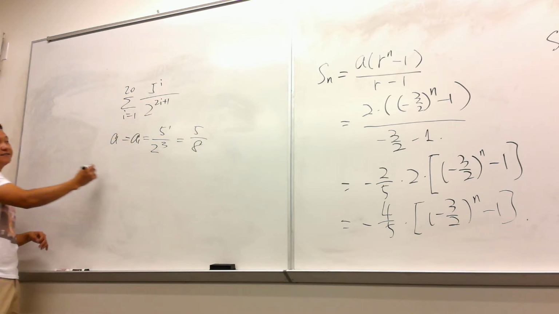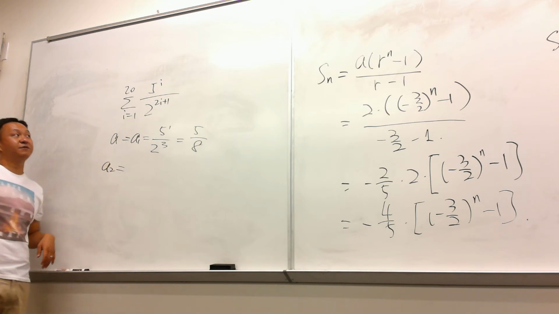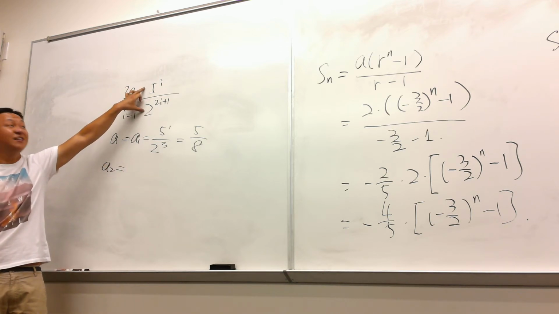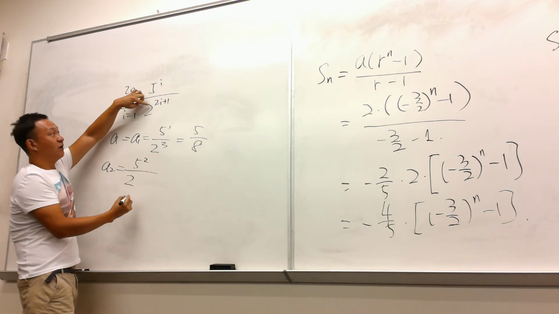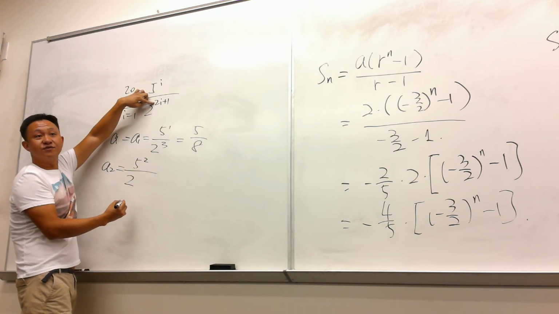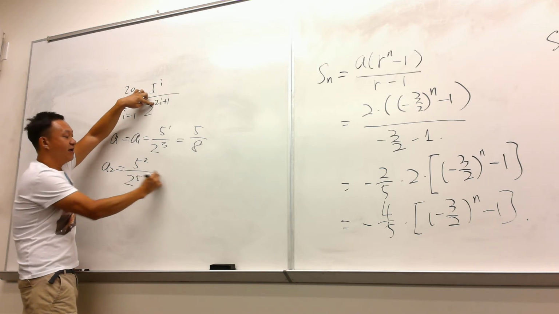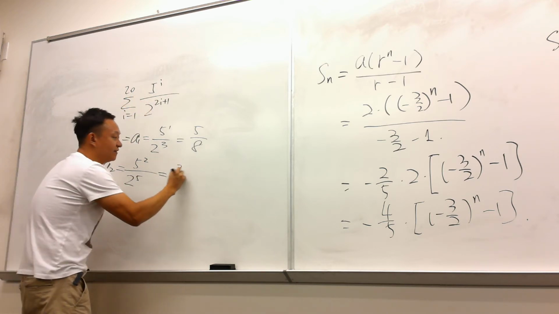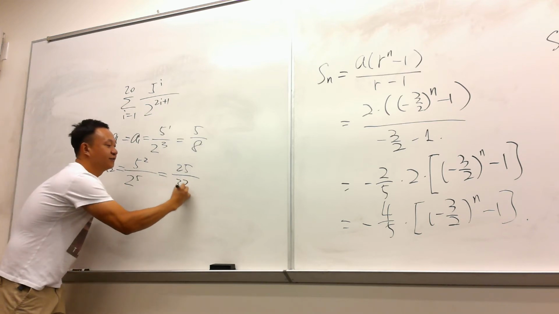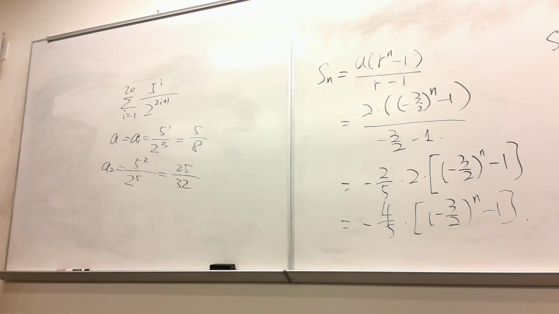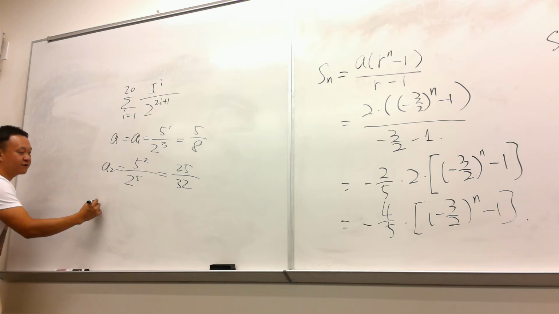Second term, A sub 2, you substitute I equals 2 into this general form. 5 to the 2 over 2 to the what? 2 times 2 is 4, 4 plus 1 is 5. 5 to the 2 is 25, and 2 to the 5 is 32.